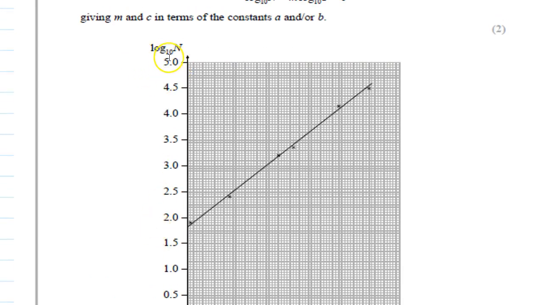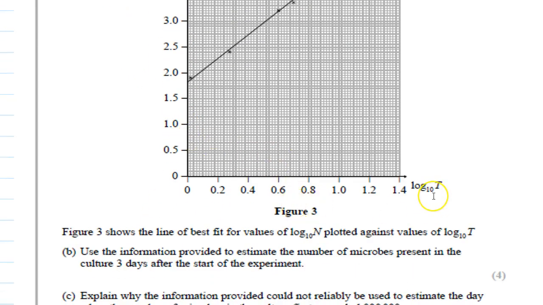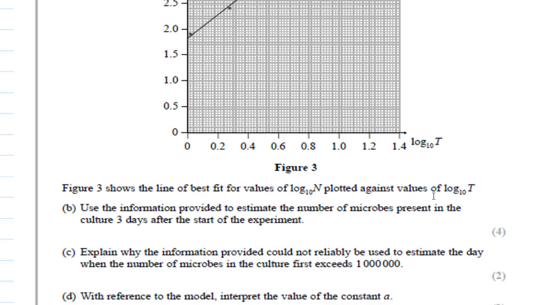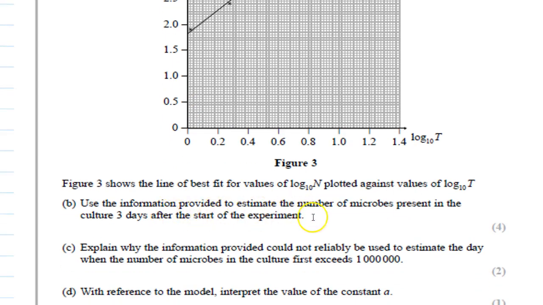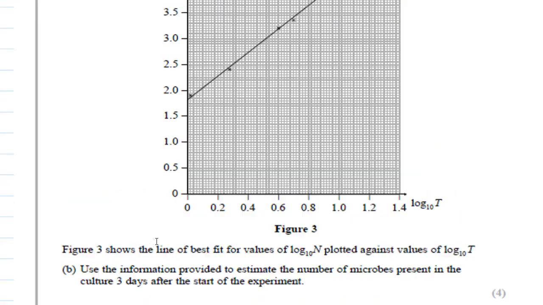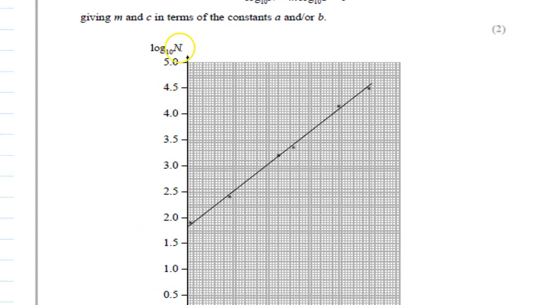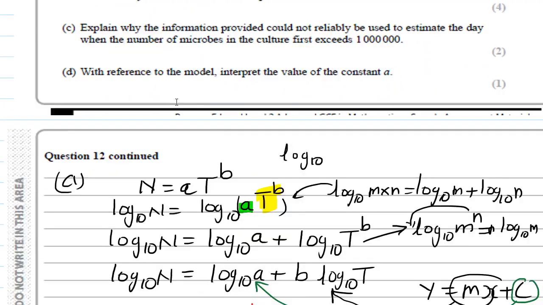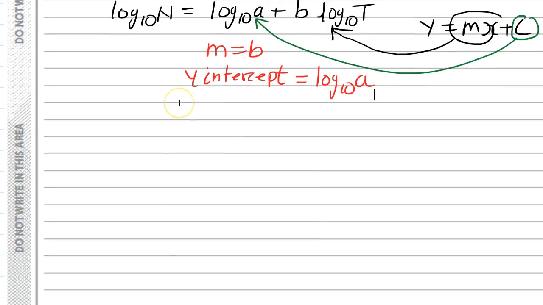Log base 10 n is given on the y-axis and log base 10 t is given on the x-axis, and here you need to find the number of microbes present in the culture 3 days after the start of experiment. So here time t is 3, so we are taking t as 3, that is the b part. So it is log base 10 3.